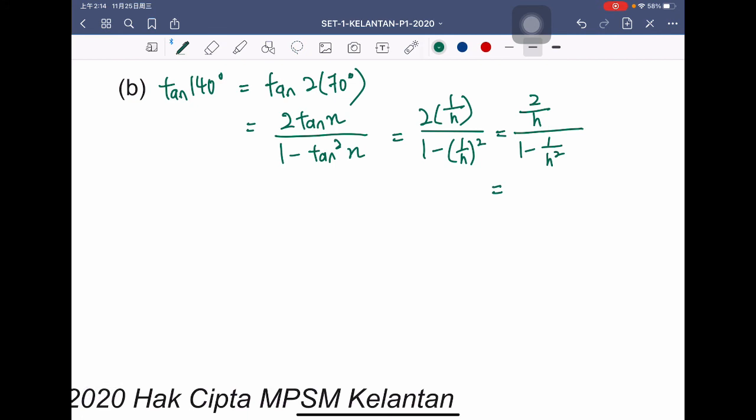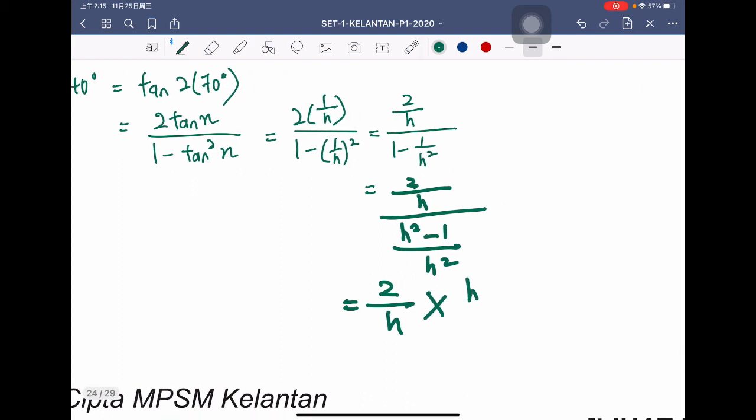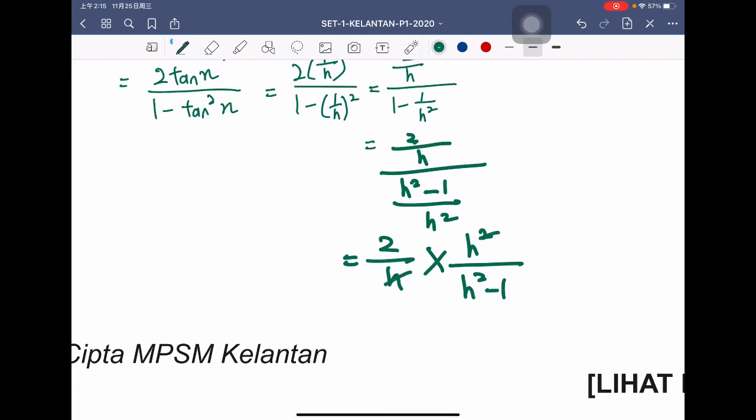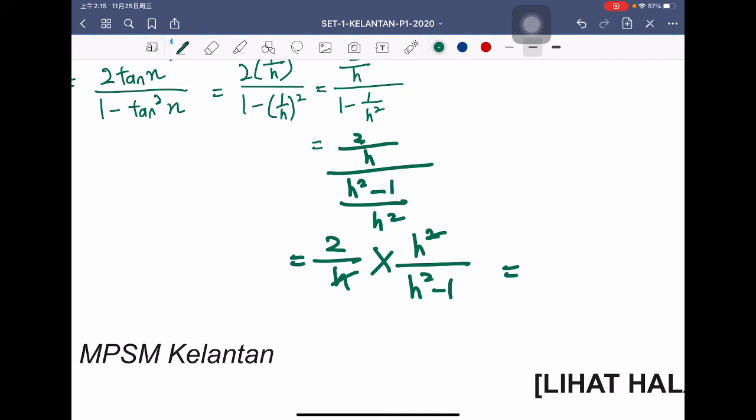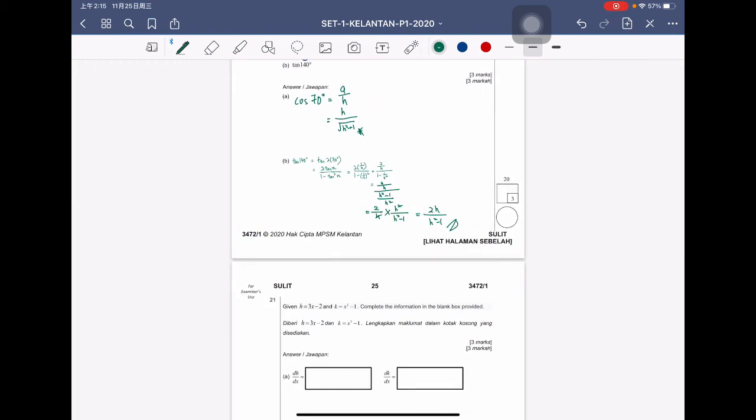I will make the denominator a single fraction, which is H squared minus 1 over H squared. So 2 over H multiplied with H squared over H squared minus 1. H and H we can cancel out, so the answer will be 2H over H squared minus 1. Okay, so this will be the answer.